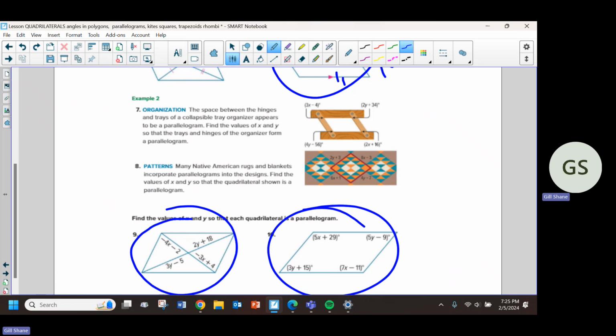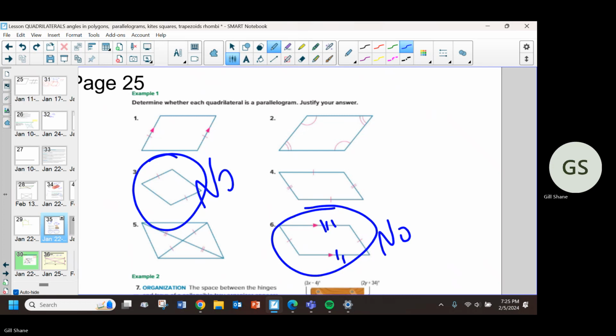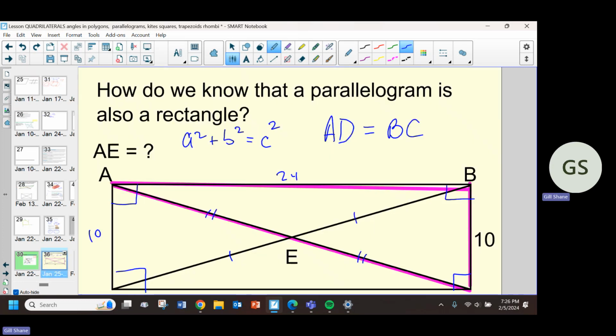I don't think I've made any changes to the rectangles, rhombus, all that stuff yet. Square. There weren't really a ton of problems with rectangles in the book, so you can go back and look at that.